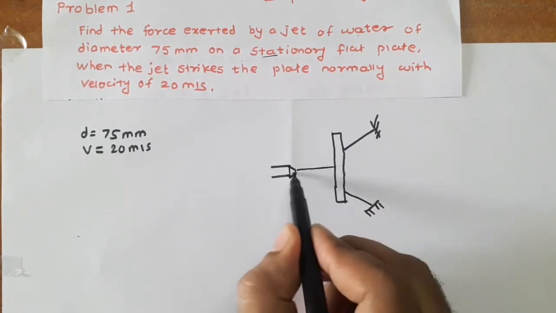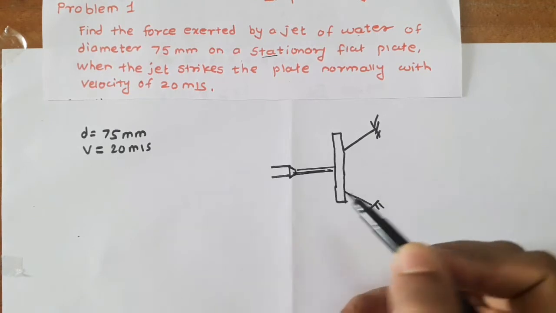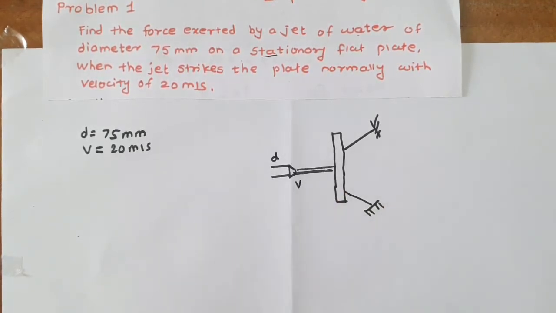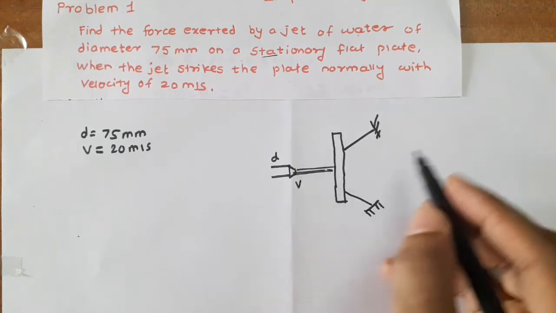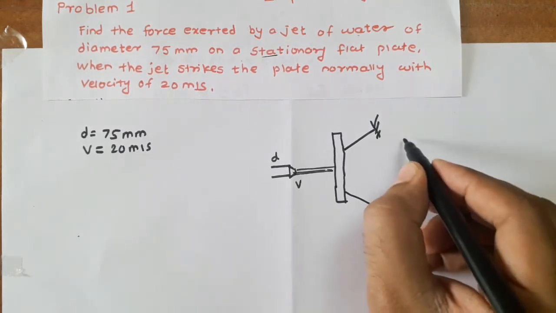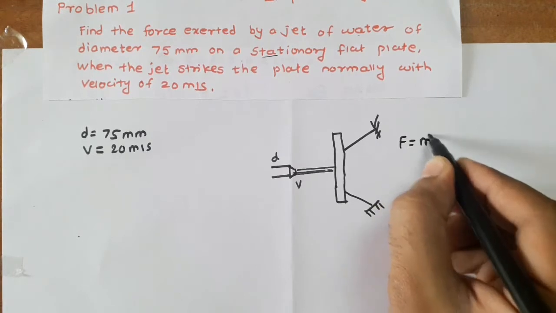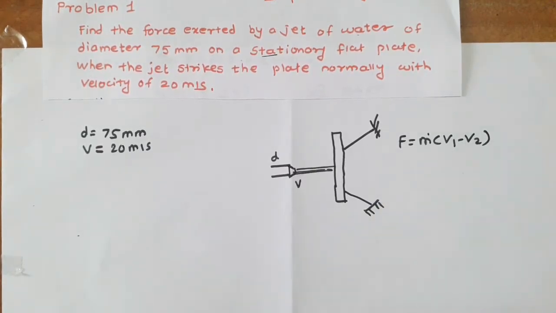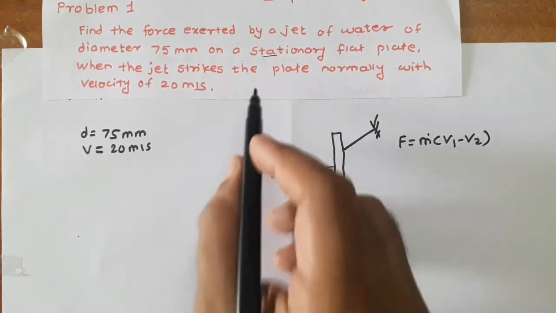So jet of water striking on a plate, the velocity of jet is v, the diameter of jet is d. From impulse momentum equation, F is equal to m dot (v1 minus v2). By using this equation we can find out the equation for this case.